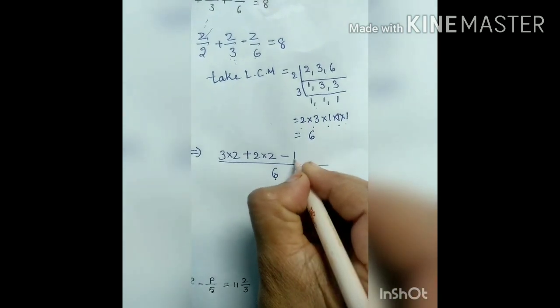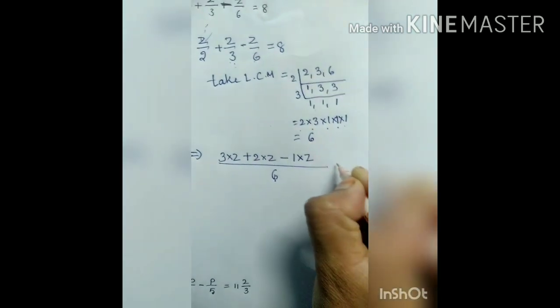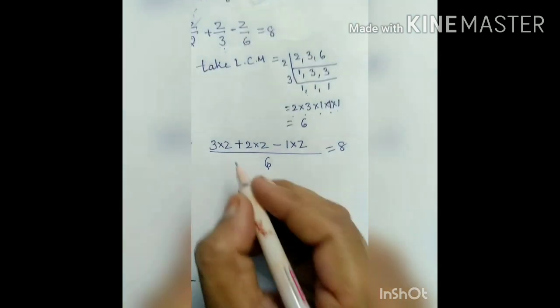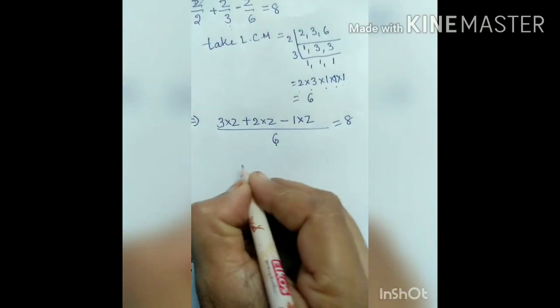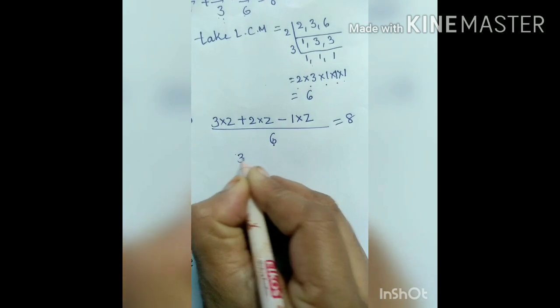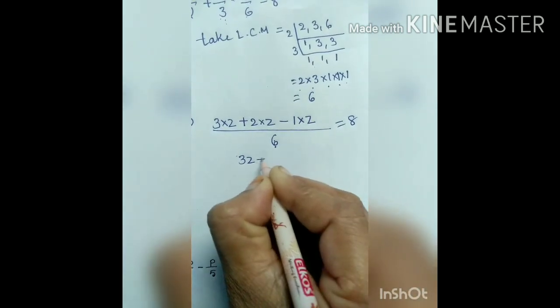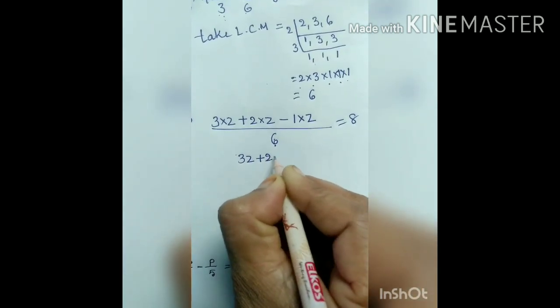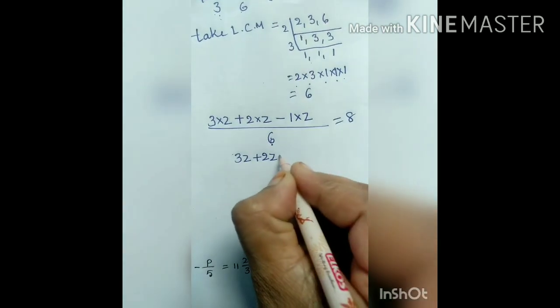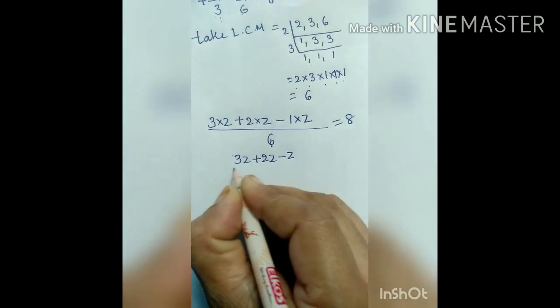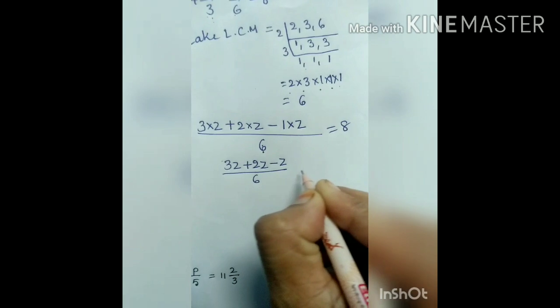Minus, 6 goes into 6 one time, so 1 into z by 6 is equal to 8. So 3z plus 2z minus z by 6 equals 8.